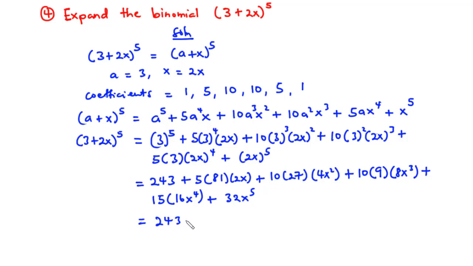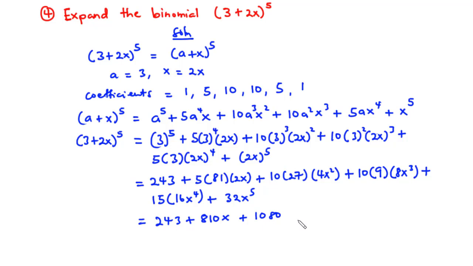We have 243 plus, now 5 times 81 times 2 is 810. So we have 810x plus 10 times 27 times 4 is 1080.